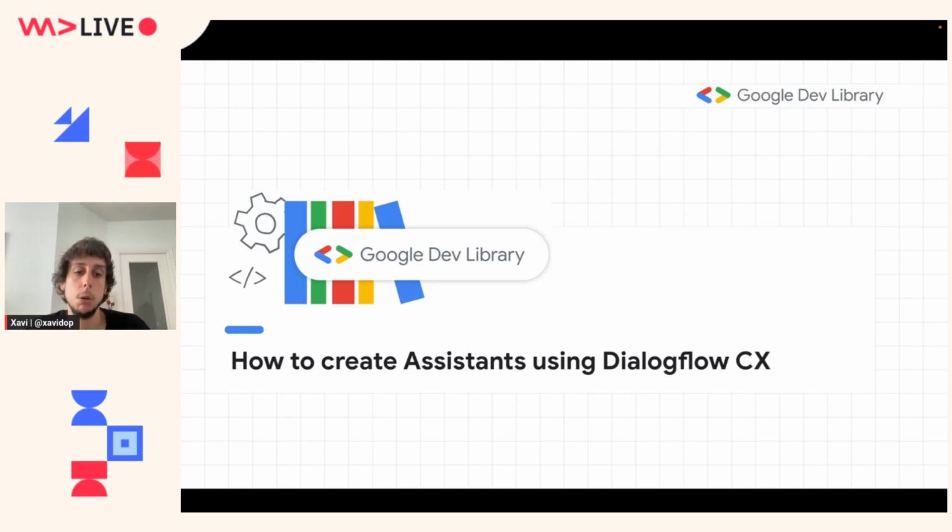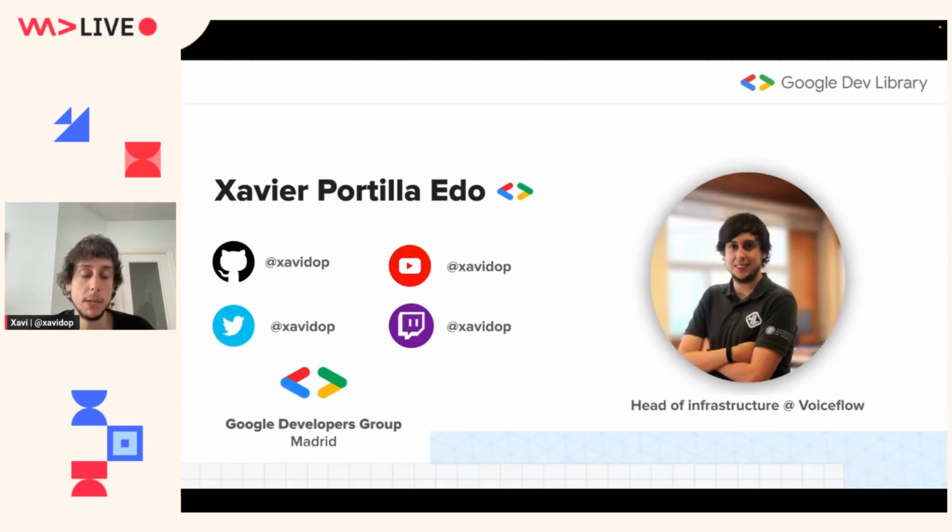Okay, so let me introduce myself first. As he said, I'm organizer of the Alexa community in Spain, also Madrid DevOps and the conference DevOps Days, but also co-organizer of the Google Developers Group here in Madrid. You can find all my content basically in GitHub, YouTube.